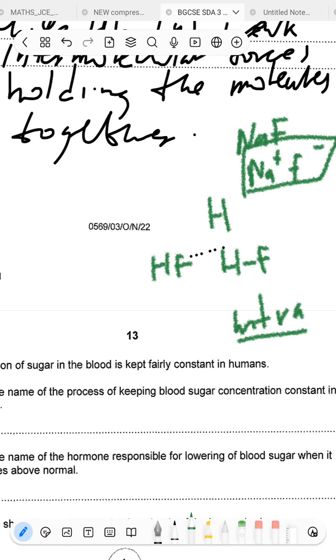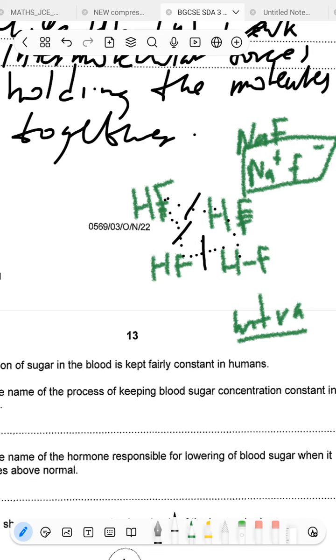So HF is going to be attracted to the next one by these weaker intermolecular forces. These intermolecular forces are the ones that are keeping this together. Then when you heat this, we break these. These are the bonds that we break.